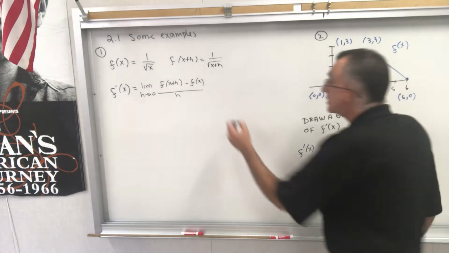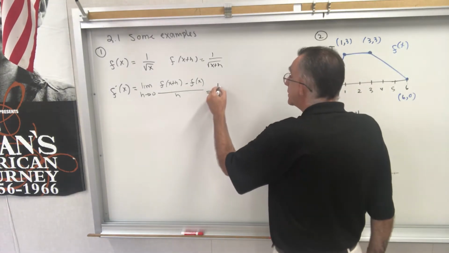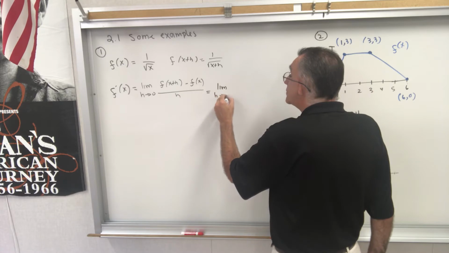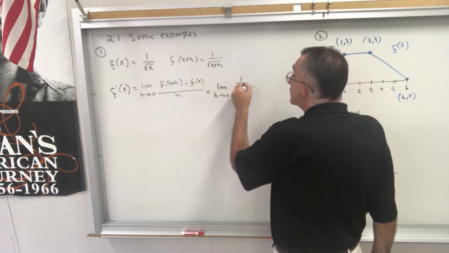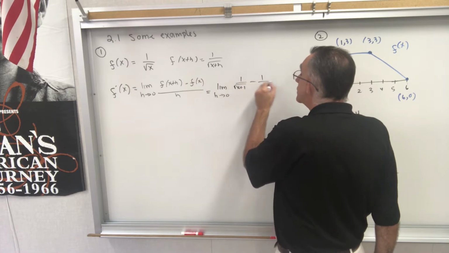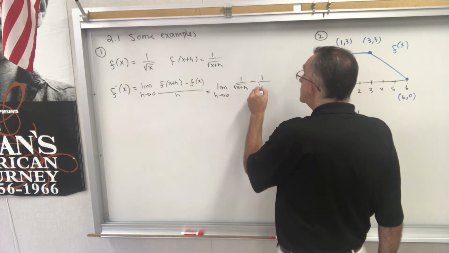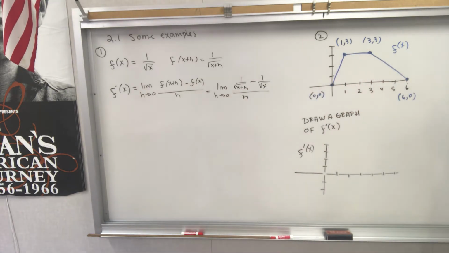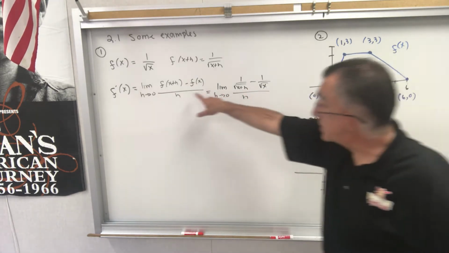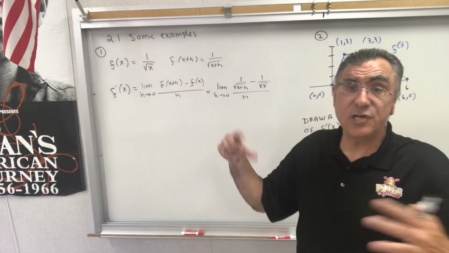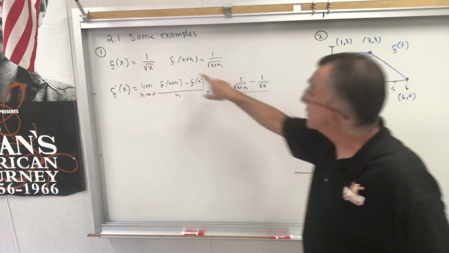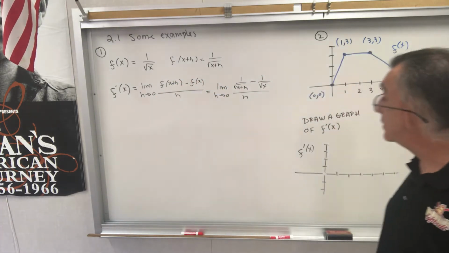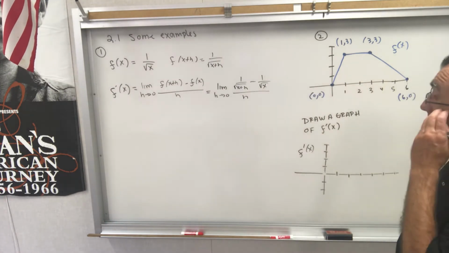So I just put that into the definition: the limit as h goes to 0 of 1 over the square root of x plus h minus 1 over the square root of x, all over h. That's the definition of the generic derivative, and we've got to work that out.